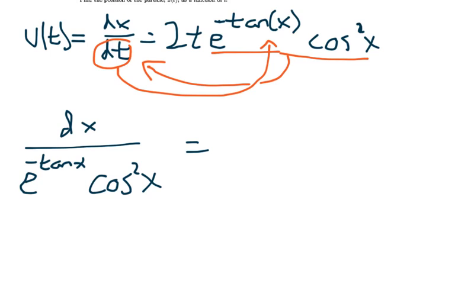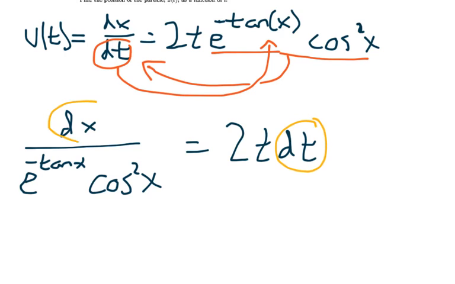So I'm going to have 2t dt, and if you're confused on which one should go where, your differentials, dx and dt, should always be in the numerator. It doesn't make sense to divide by them.